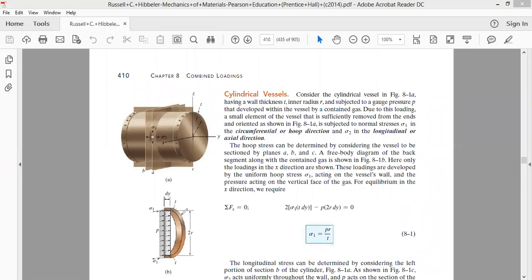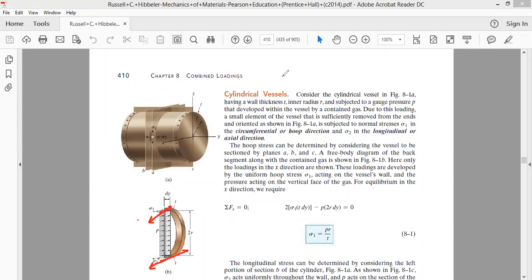So the internal pressure is trying to cause an increase in the radius. At the surfaces of contact, this surface will be trying to pull the opposite surface in this direction, and the opposite surface will exert an opposite force in this direction.